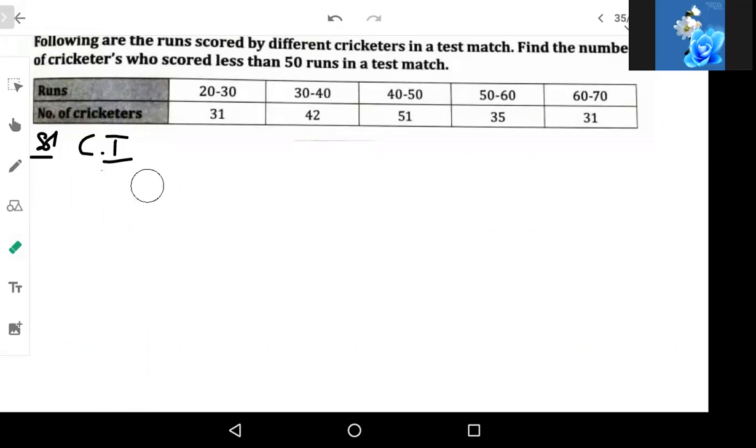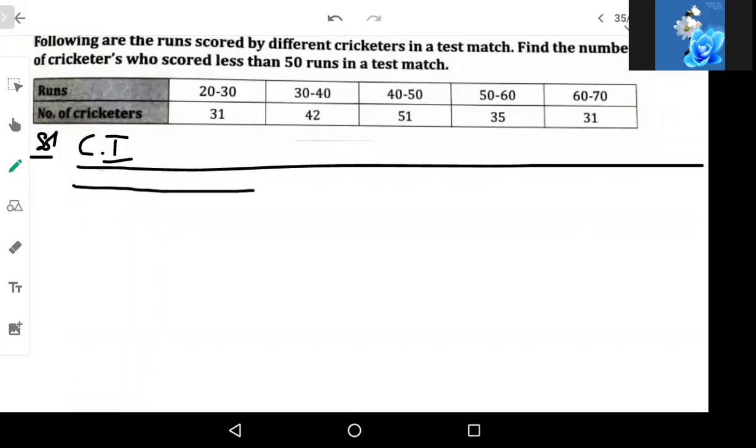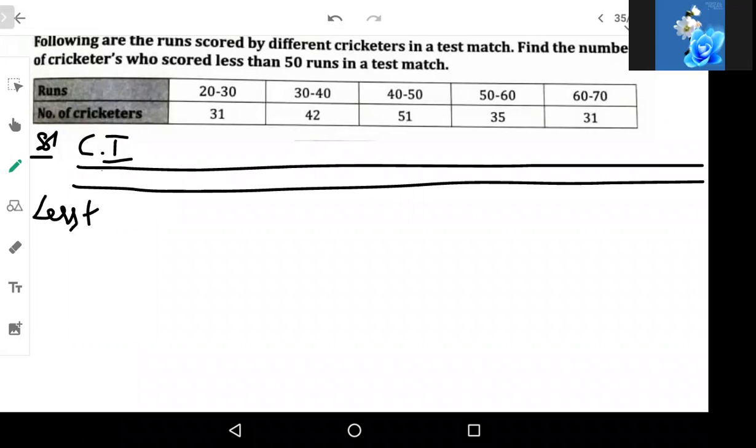Let me rewrite that. Less than 30. If you see here, 20 to 30, 30 is the higher number. So less than 30 will be the first class interval. I am converting the closed end to the open end.